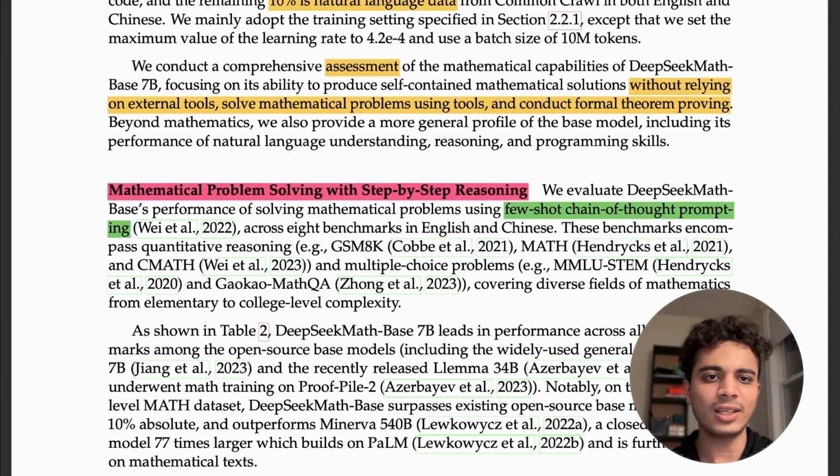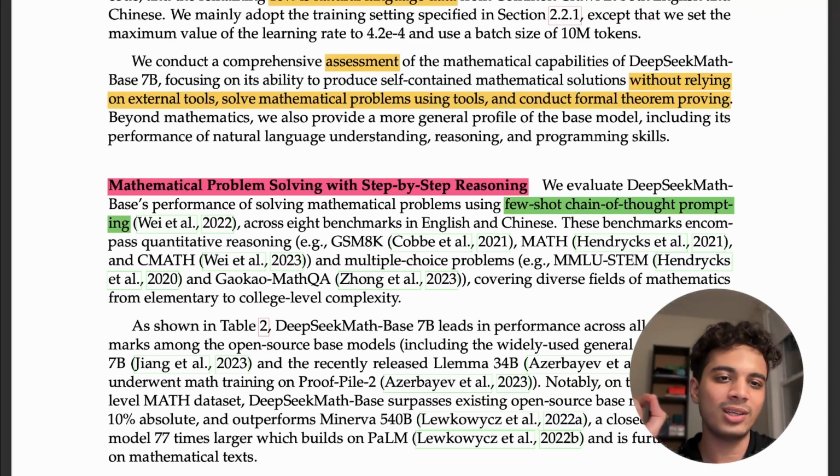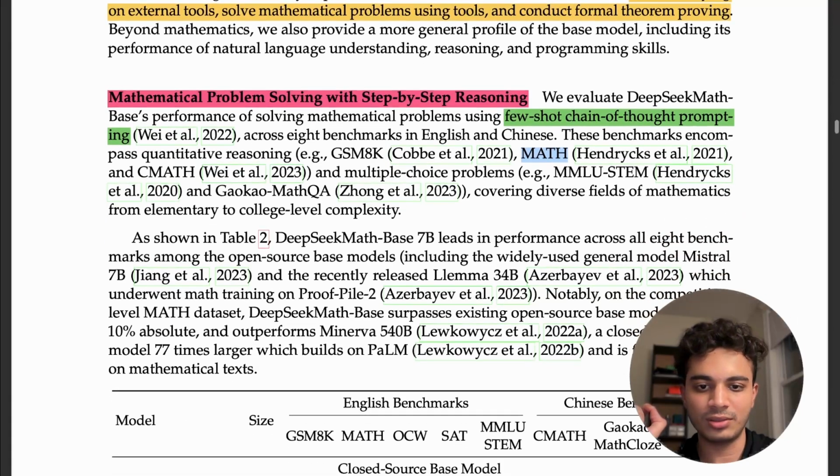So can we conduct formal theorem proving or not? That's what their question is about. Also, mathematical problem proving with step-by-step reasoning is something that is very important to them, and they are using few-shot chain of thought prompting as I discussed earlier, and these are all the benchmarks.